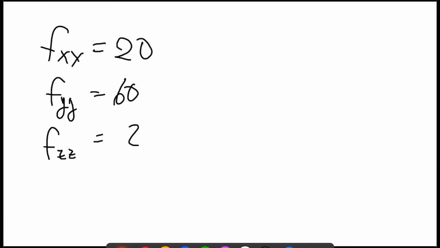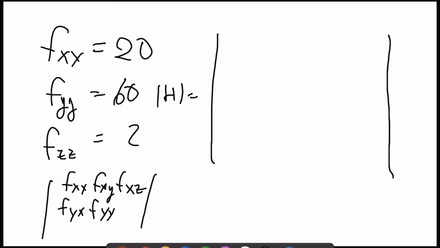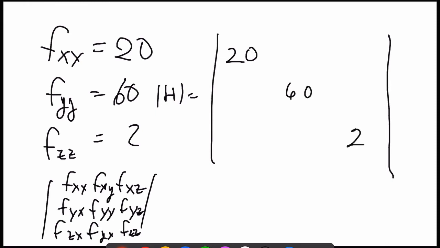They're all positive, right? And we're going to create a Hessian, a big Hessian, right? And the Hessian's going to be fxx, fxy, fxz, fyx, fyy, fyz, and fzx, fzy, and fzz. Okay? So we're going to have a 20 and a 60 and a 2.